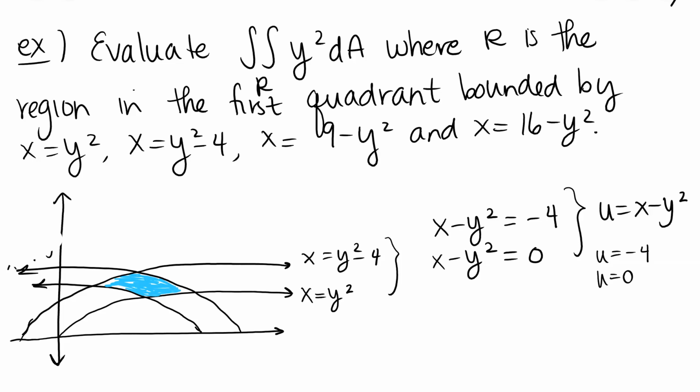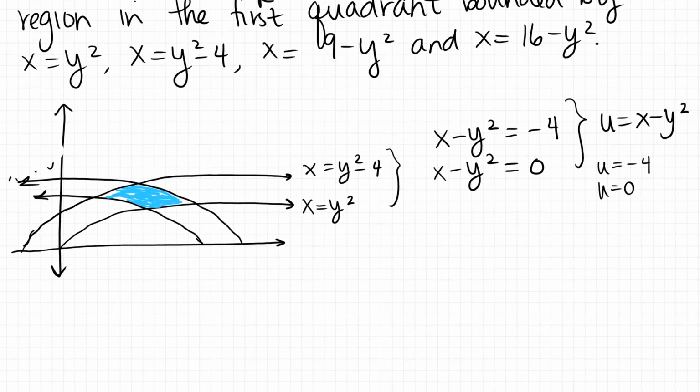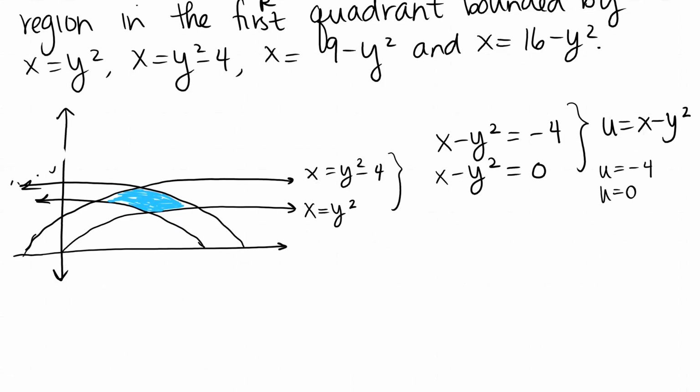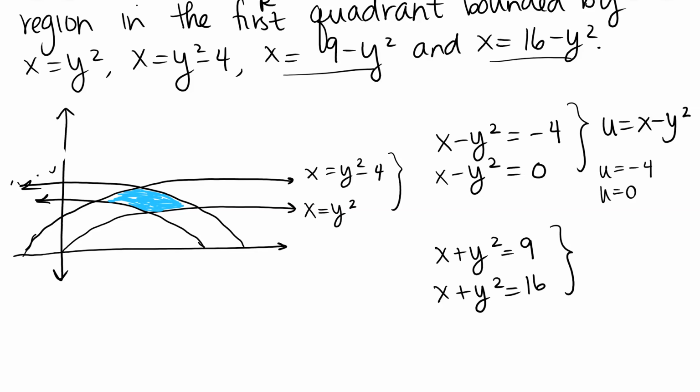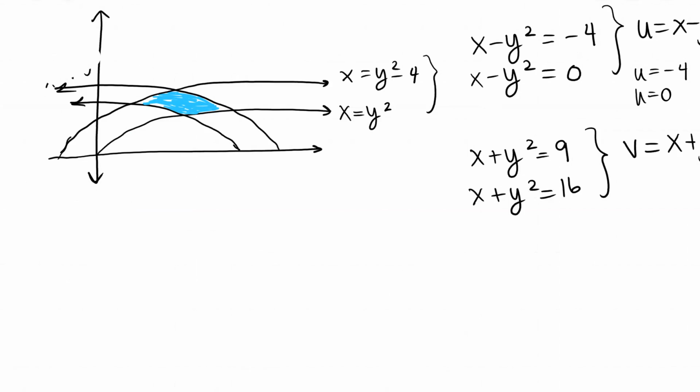I like that. Likewise, if I consider my parabolas facing the other way, which was the 9 minus y squared and the 16 minus y squared, if I add the y squared to each side, I have x plus y squared equals 9. And then x plus y squared equals 16. So what if we use this? We made the substitution v equals x plus y squared. So this is my r.